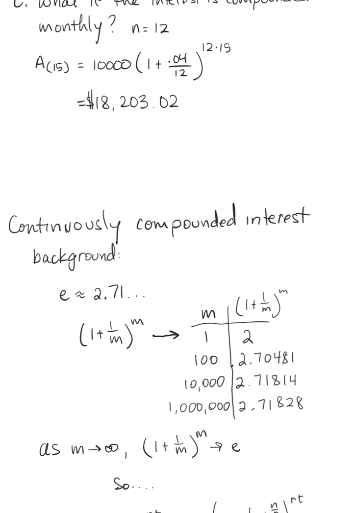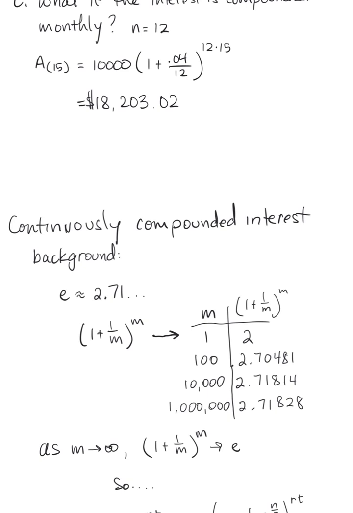So what we say is as m approaches infinity, as m gets sufficiently large, this expression, 2.71, is the value of e. It's an irrational number, meaning the decimal never stops and it never has a repeating pattern, kind of like pi.